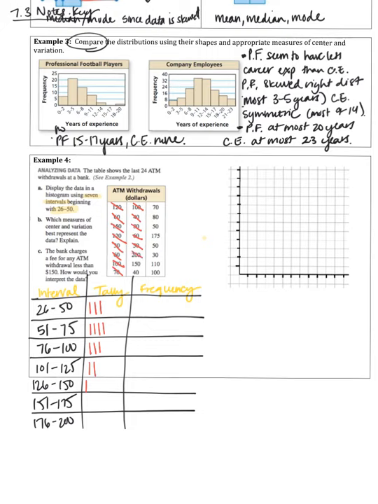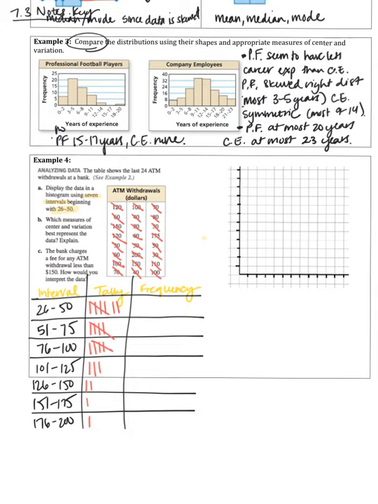Stay organized. 200, 150, 40, 70, 80, 50, 175, 50, 30, 110, and lastly 100. Now I can go ahead and total up those tally marks to make my frequency table.